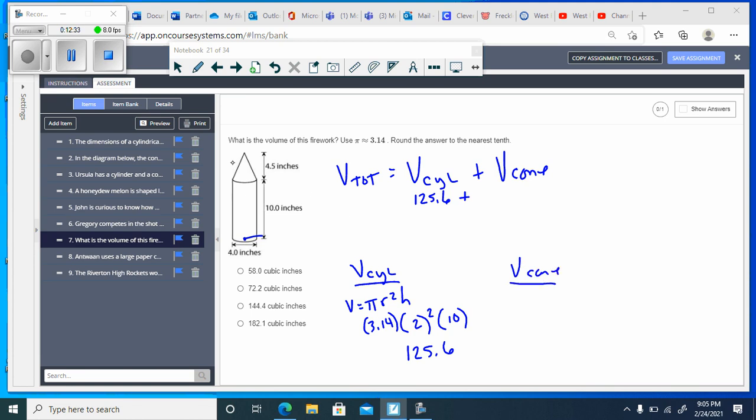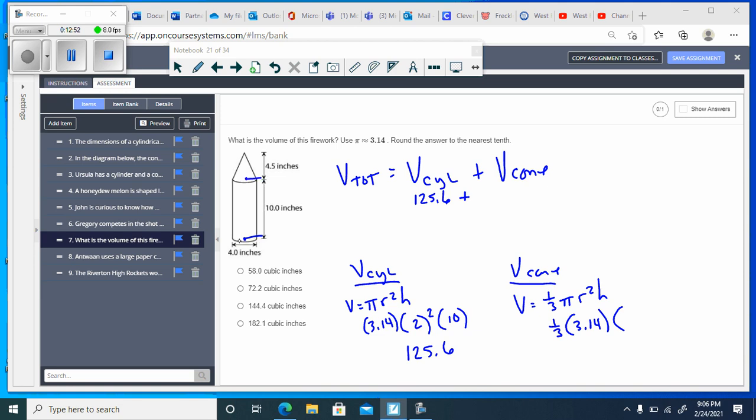It's the one on the top with the pointy thing. Volume is 1/3 pi r squared h. That is 1/3, and we're substituting 3.14 for pi. Our radius is the same as the radius here.